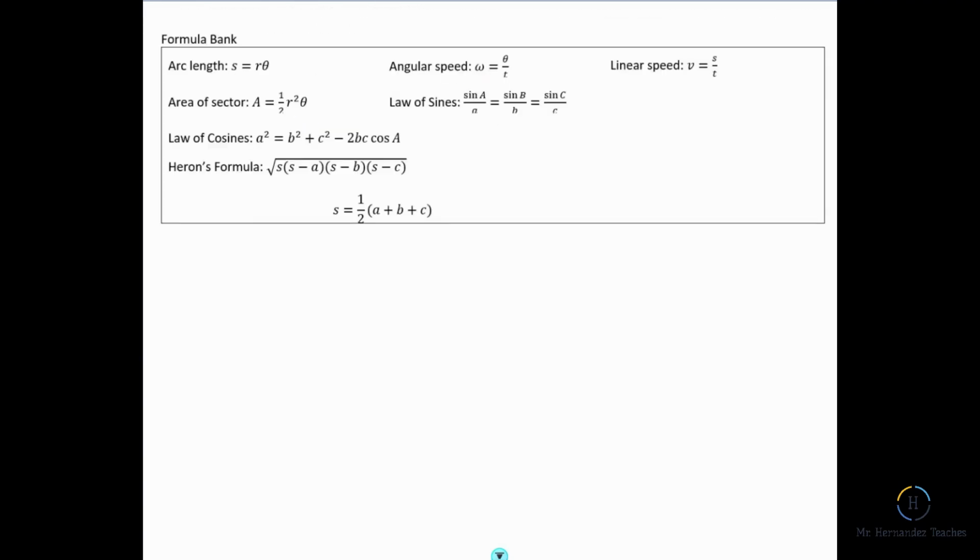Alright, our second question: tires are rotating at a rate of 18 revolutions per minute. We want to find the angular speed of the tires in radians per minute. So the formula we're going to want to use is the one for angular speed, so omega equals theta over time.